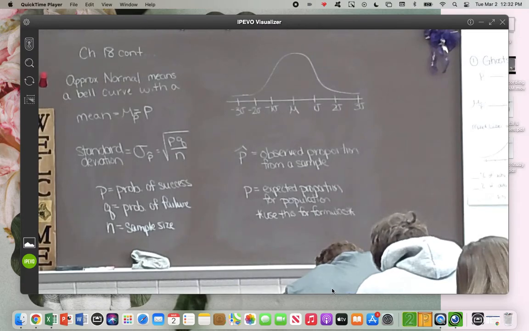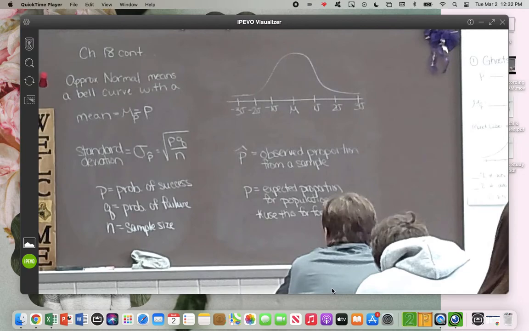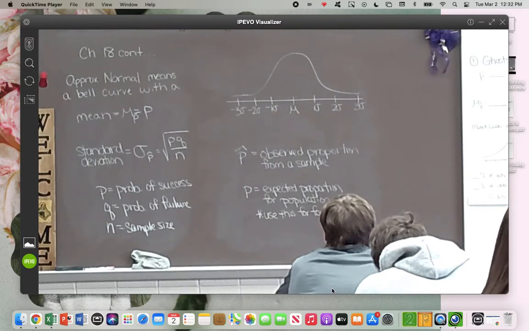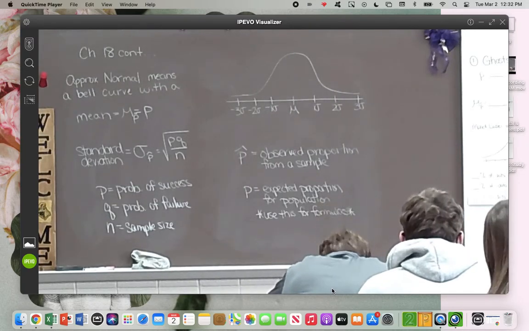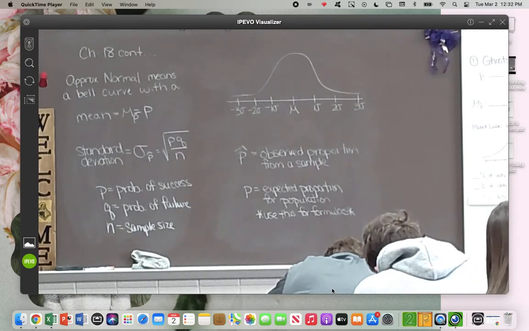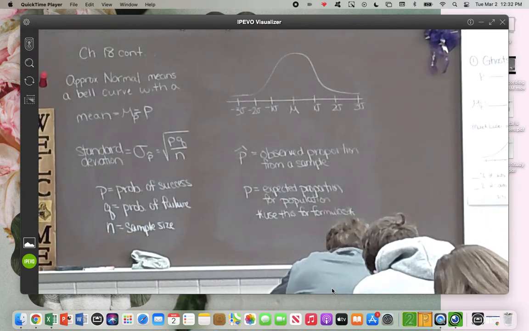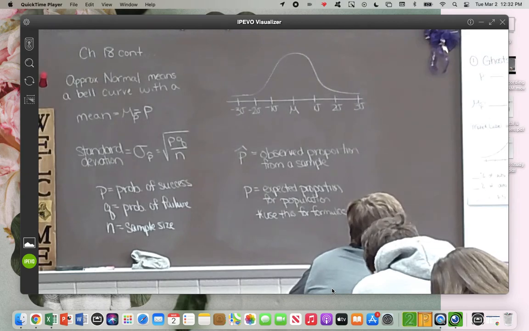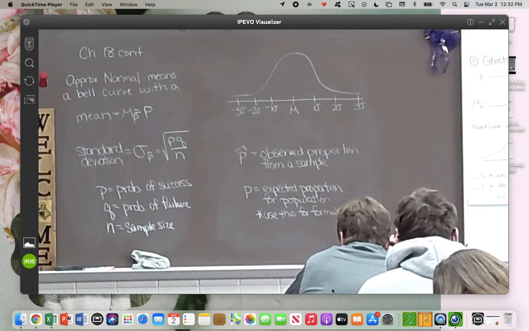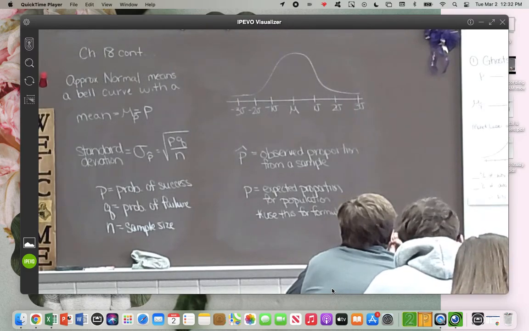Before we go through these examples, I want you to know that sometimes you're going to see just a P by itself, and sometimes you're going to see a P with a little hat, which we call P hat. Whenever someone is referring to a proportion or a probability from a sample, they're always going to denote that with P hat.